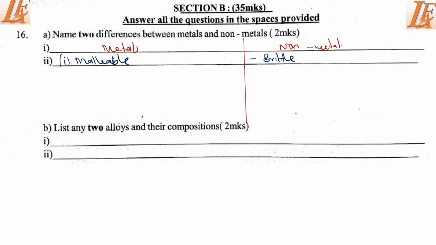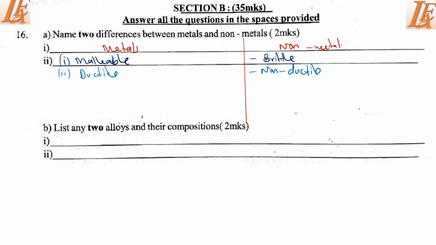The second difference that we can give is that metals are ductile. A ductile substance is a substance which you can mold into a wire without breaking. Then, in this case, we can say non-metals are non-ductile. It means you cannot mold non-metals into a wire.